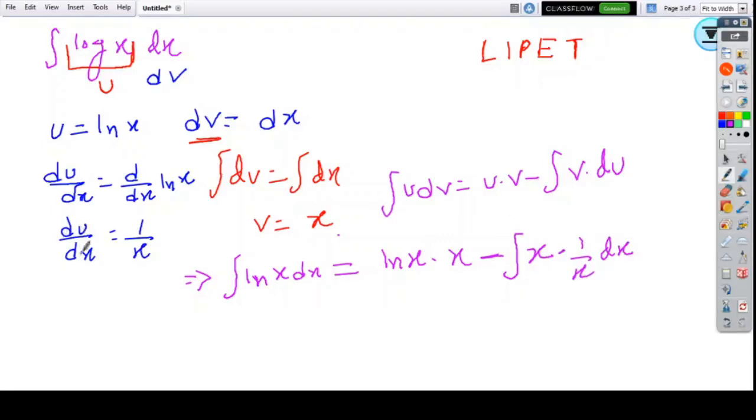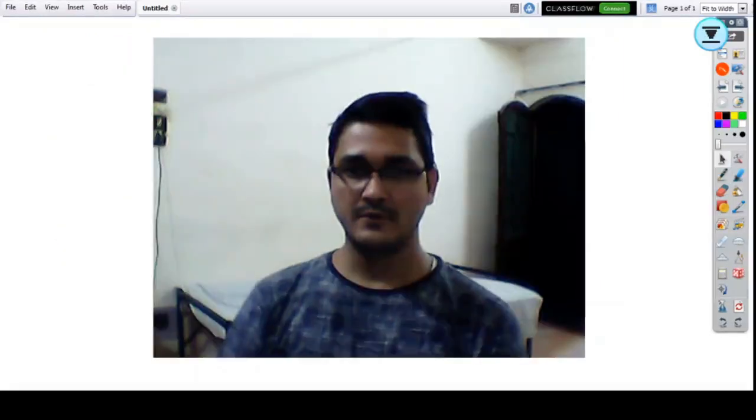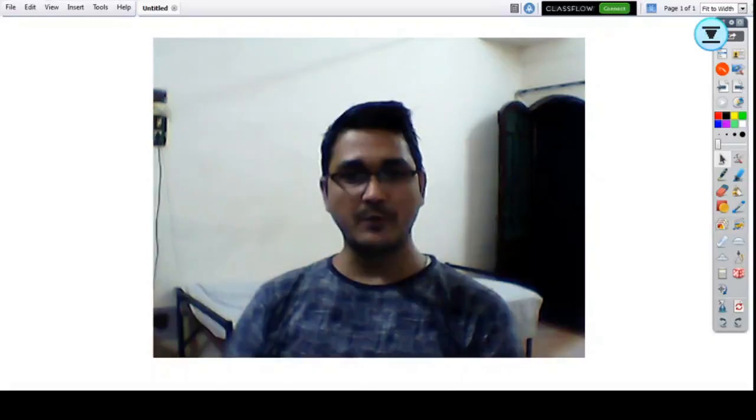From here I can say du is equal to 1 by x dx, which can be cancelled, and so the whole result will be x ln x minus x plus c, and the answer is x ln x minus x plus c.